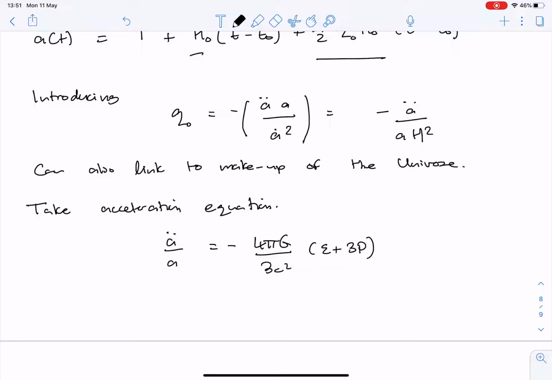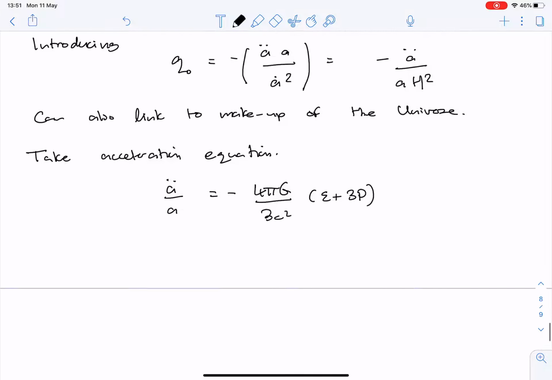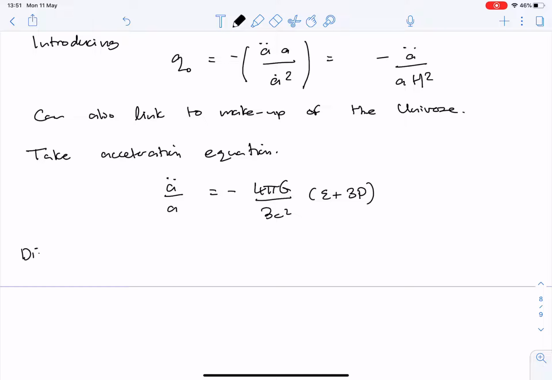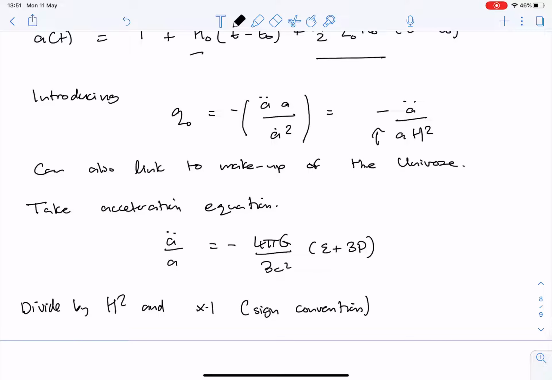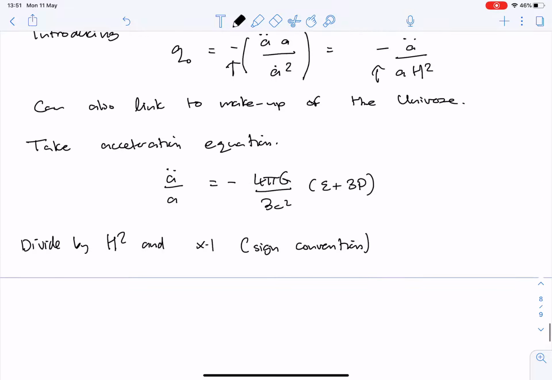And if I just divide that by h squared and multiply by minus 1, and note this is just a sign convention. It reflects the fact that a positive deceleration parameter indicates a slowing down universe, because at the time people came up with the deceleration parameter, they expected the universe to be slowing down, hence the minus signs here and here.